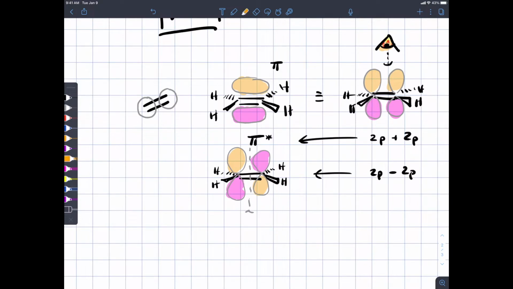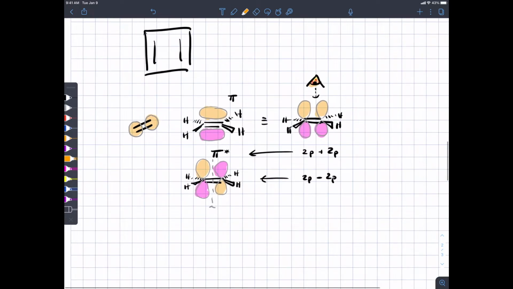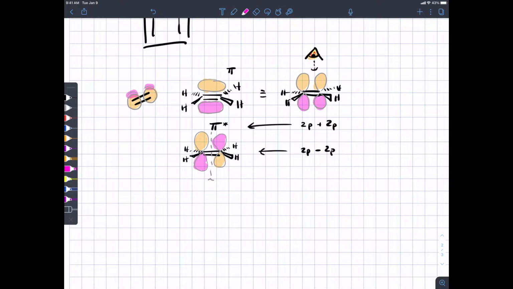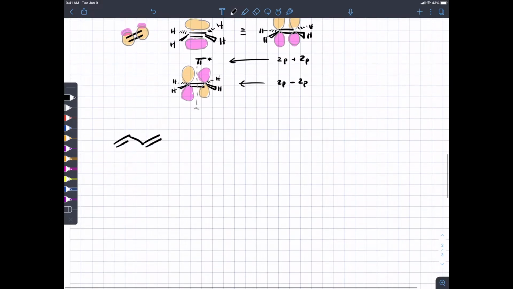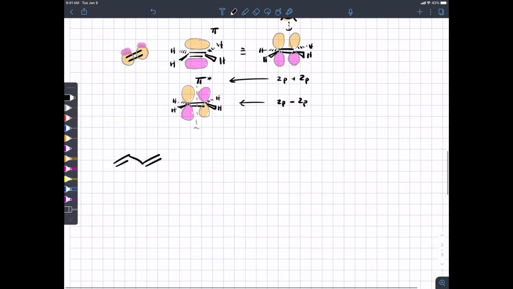So we'll draw the pi orbital looking down from above like this. 2 p orbital lobes on adjacent atoms, and then below the plane you have the lobes that are of opposite wave function sign. Now, with conjugated systems, instead of mixing 2 p orbitals together to get 2 new pi molecular orbitals, we're going to mix 4 p orbitals together to get 4 new pi molecular orbitals.